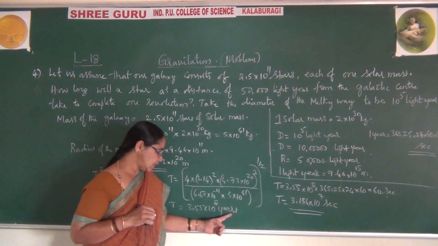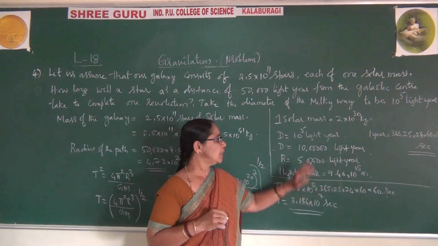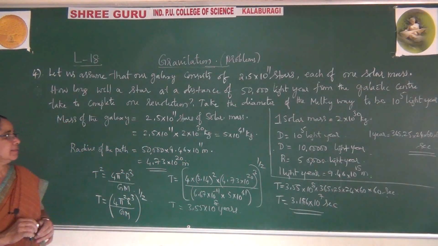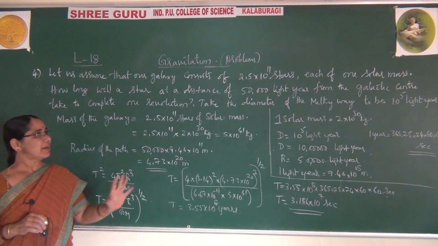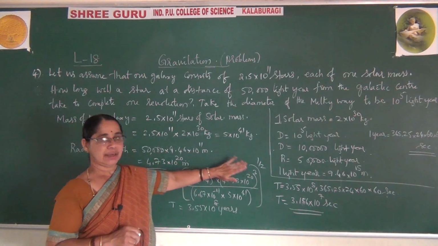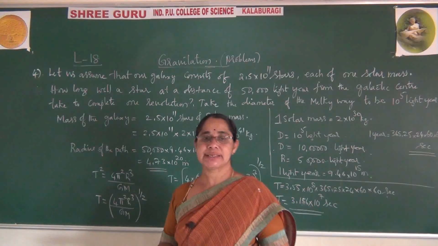Finally, you got the answer in years, but that is converted into seconds. So in this problem, you have just learned how to convert the things. Hope you understood all the 4 problems. Today we have completed Kepler's laws of planetary motion along with the time period. In the next class, let us go for Newton's laws of gravitation and acceleration due to gravity.